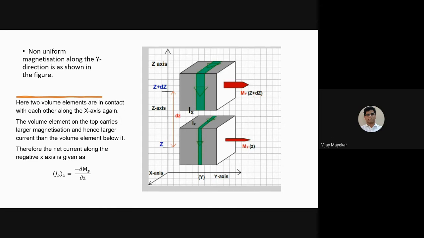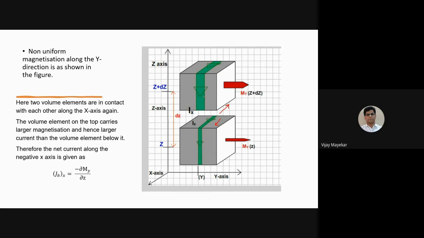Okay. So again, we consider this lower chunk. In the case of the lower chunk, you can see the current is coming along the positive x-axis, whereas in the case of the upper chunk, the larger current is flowing along the negative x-axis. You can see that because the upper chunk is giving larger magnetization, and definitely the origin should be the larger bound current.